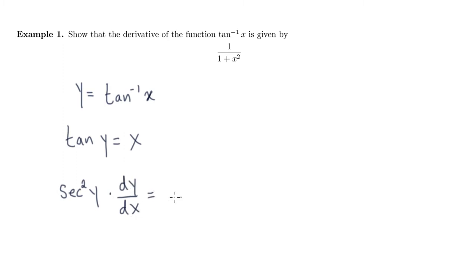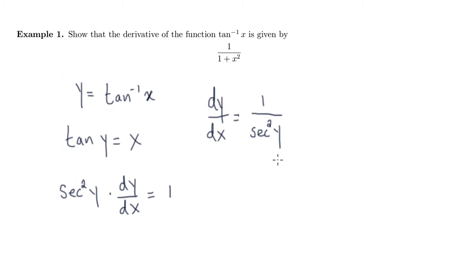That's just the chain rule. And that equals 1. Differentiating x with respect to x just gives us 1. And so then we know that dy/dx is 1 over secant squared y.